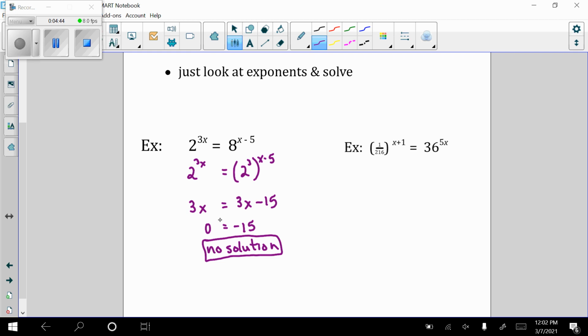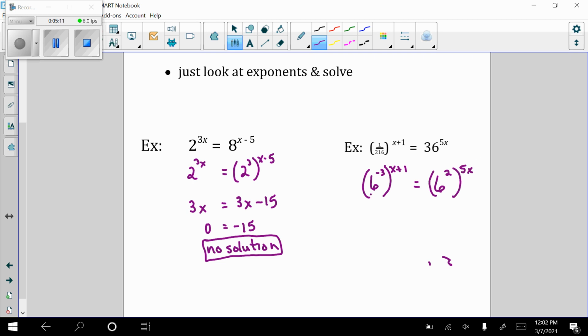So for this example, 6 to the third is equal to 216. So 1 over 216 is going to be 6 to the negative third, to the x plus 1. That's a common power that you should be familiar with. 36 is obviously 6 squared, to the 5x.